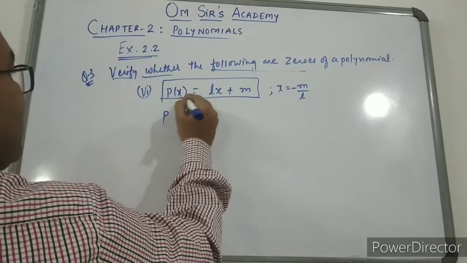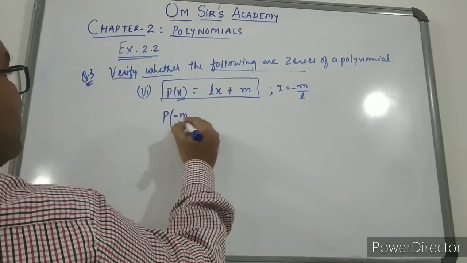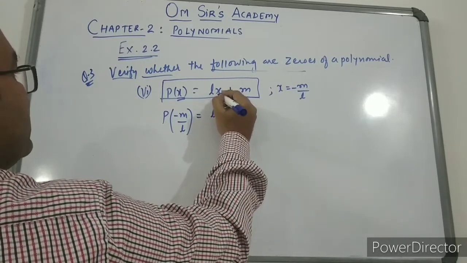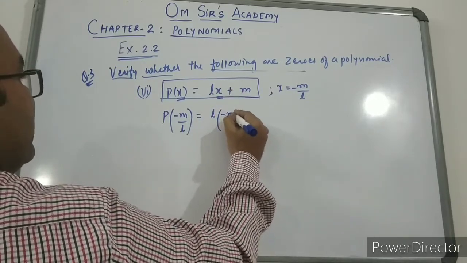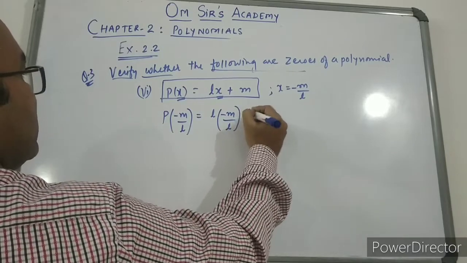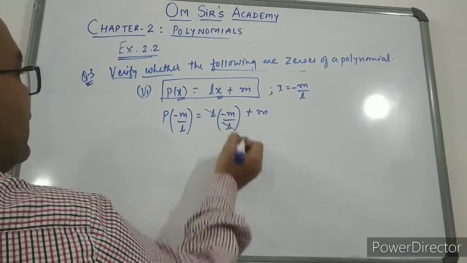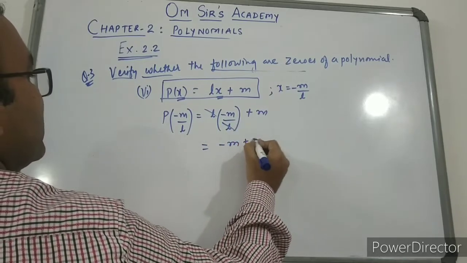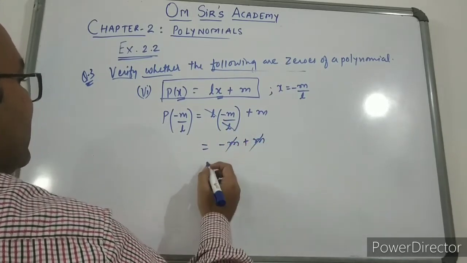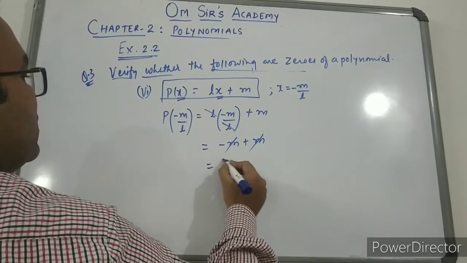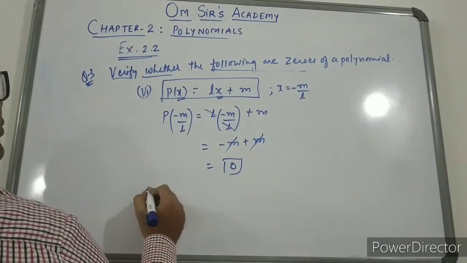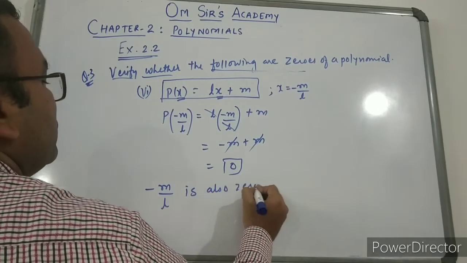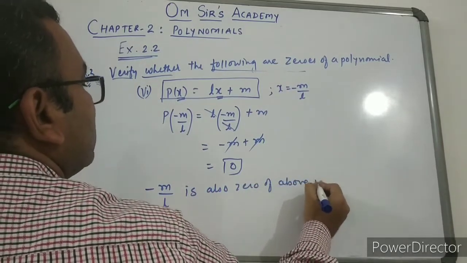So instead of this x, I write minus m upon l, so it equals l times minus m upon l plus m. So this l will get cancelled. So what will remain? Minus m plus m. This will also get cancelled. m minus m is what? 0. So yes, therefore minus m upon l is also a 0 of the above polynomial.